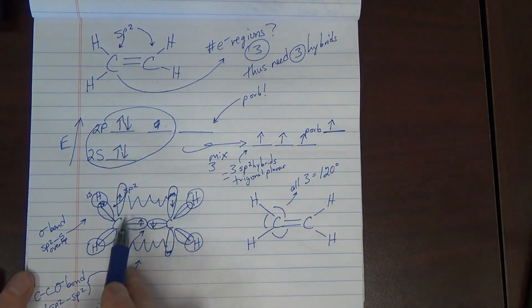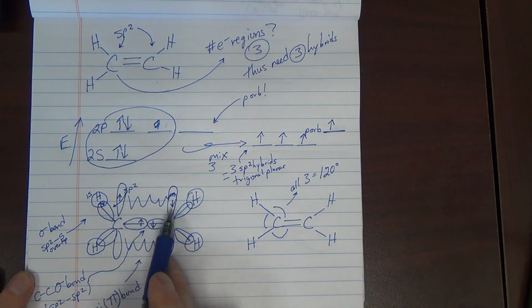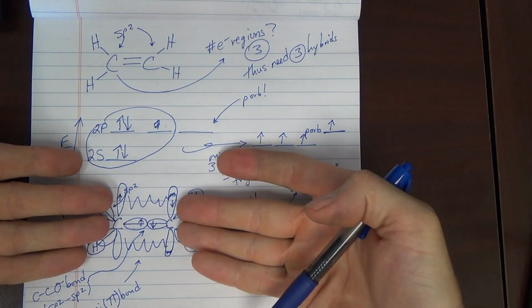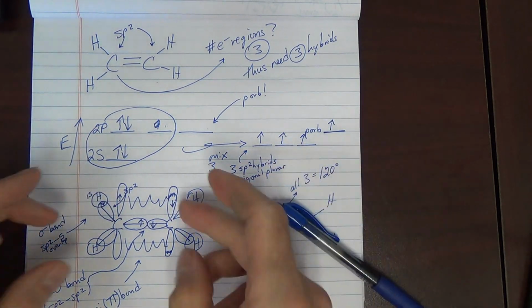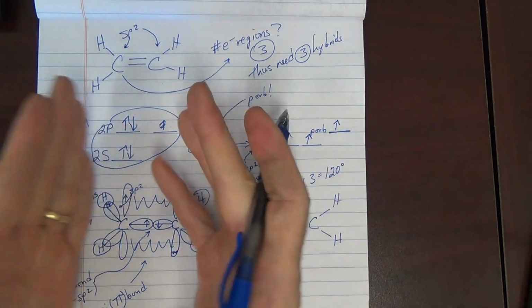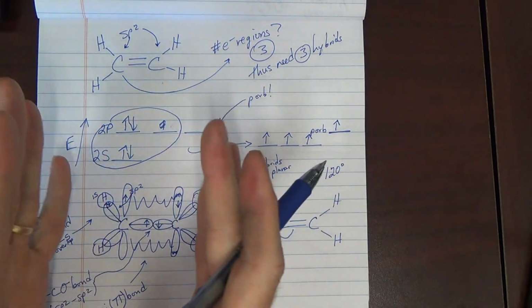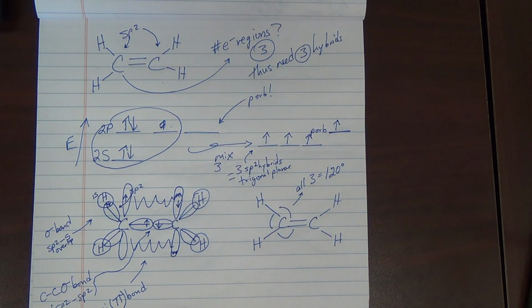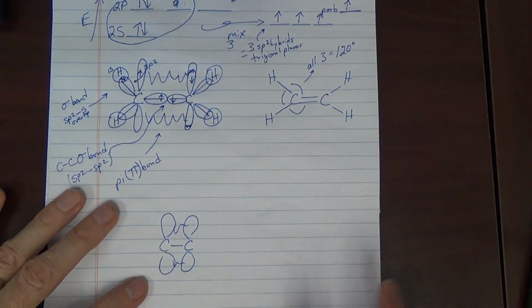Look, the side-to-side overlap, in my drawing, you see how far away they are? Now, in real life, those orbitals are closer than that. They have to be close enough to interact to make the bonding. So in real life, there's your sigma, and then the pi. I still can't make it fat enough that these start overlapping.